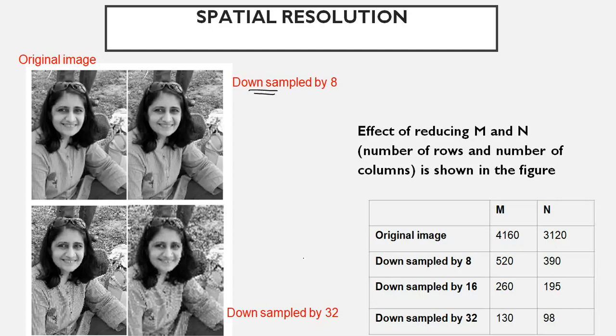When we downsample the image by 16, the number of pixels reduces further, but now we can see a little amount of distortion. And when the image is downsampled by 32, the size has reduced by a huge amount, but the distortion is also very apparent.